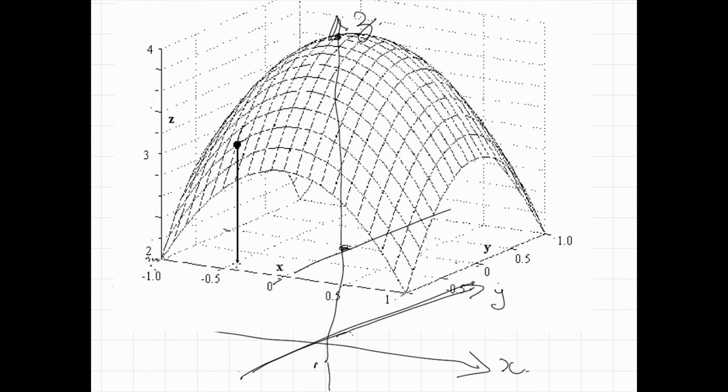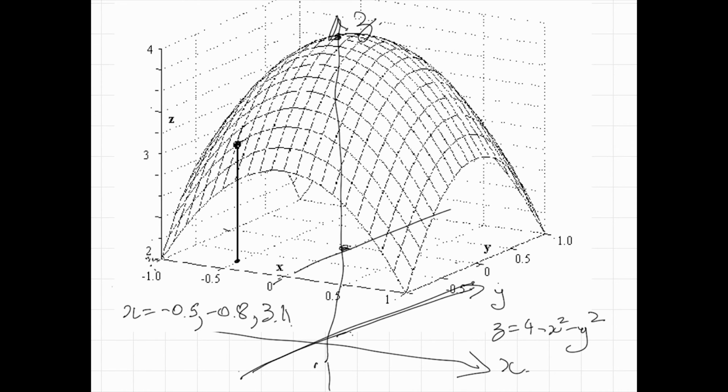Now if you like, you can substitute in x equals negative 0.5, y equal to negative 0.8, and when you put those values into z equals 4 minus x squared minus y squared, when you square those two, you'll get a z value of around 3.11, which corresponds to that point there.